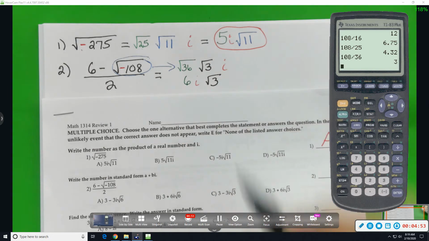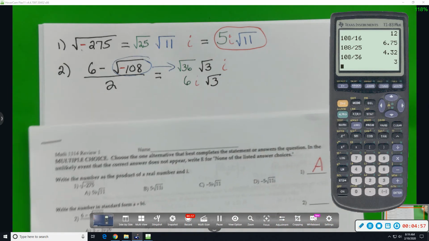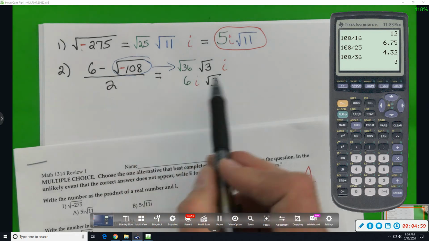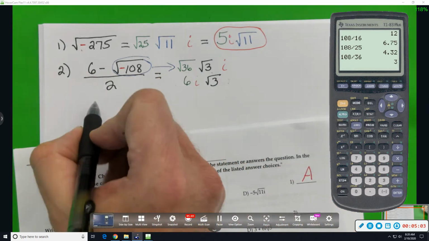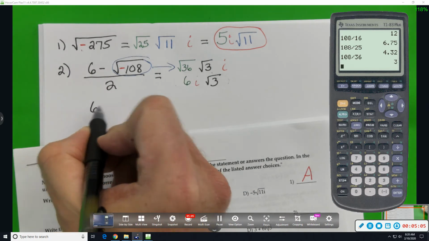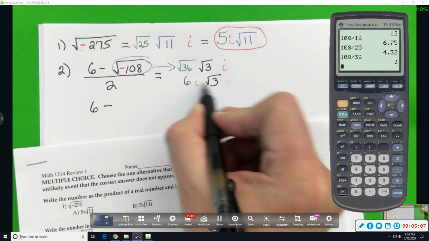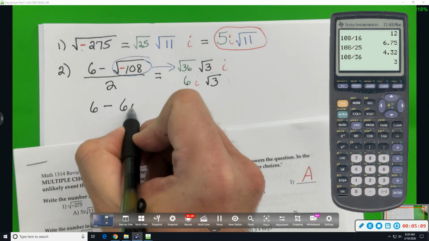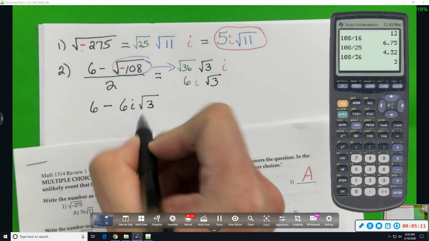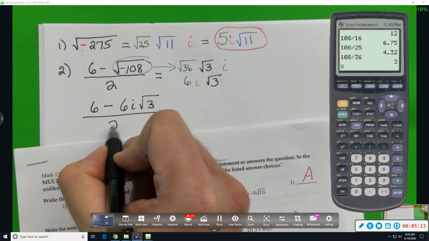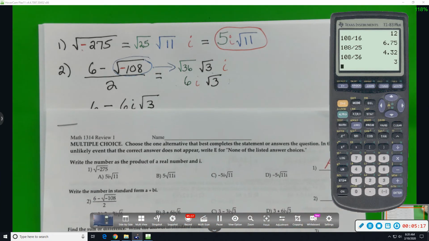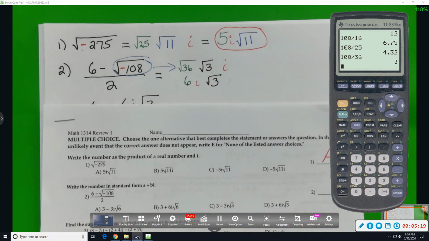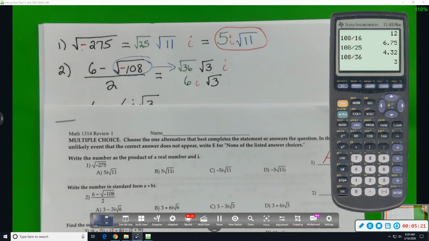And now I'll replace all of this circled square root with 6i square root of 3. So copying it or writing it all in one color: 6 minus this stuff all over 2. As a general rule of thumb, this software I use doesn't give you the intermediate answers.